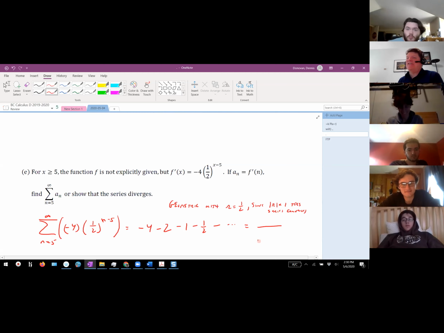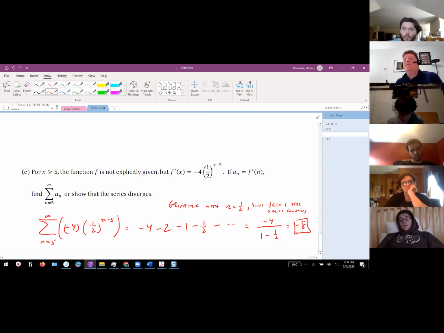First term. I don't remember it as A over 1 minus R. I remember it as first term over 1 minus the common ratio. First term over 1 minus the common ratio. -8.